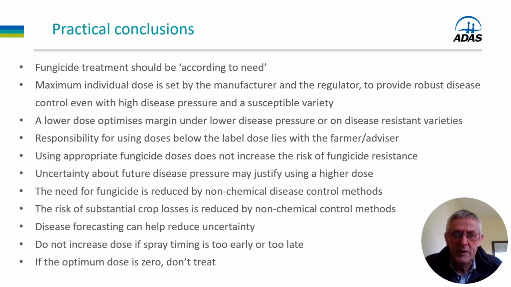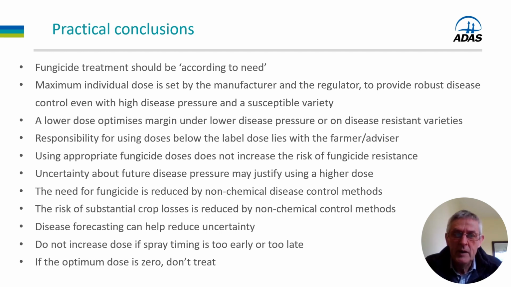Uncertainty about future disease pressure may justify using a higher dose to provide a degree of insurance, but the need for fungicide is reduced by non-chemical disease control methods, and the uncertainty and the risk of substantial crop losses is also reduced by those methods. And the future uncertainty can be reduced to some extent by the use of disease forecasting.